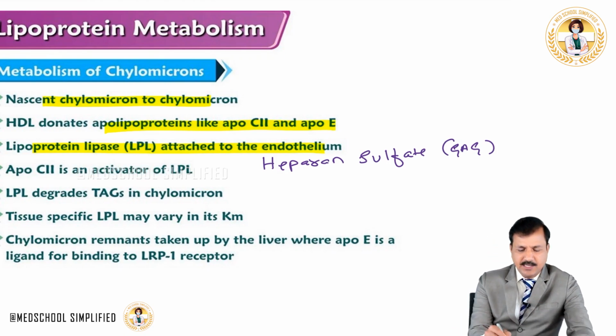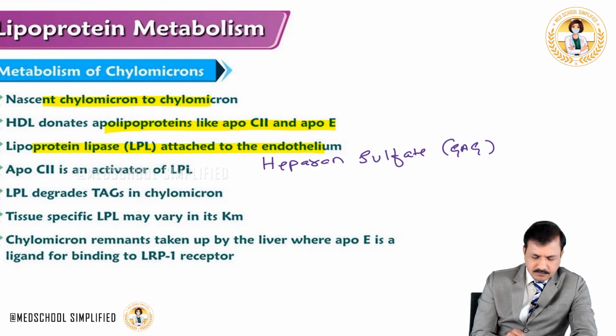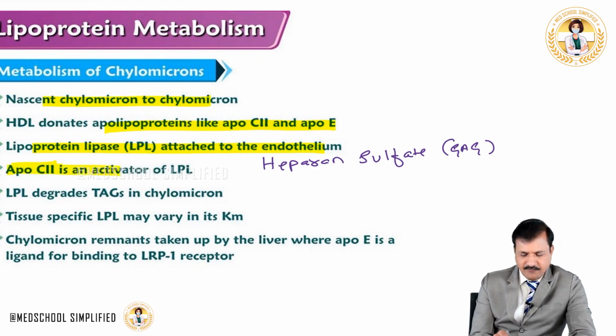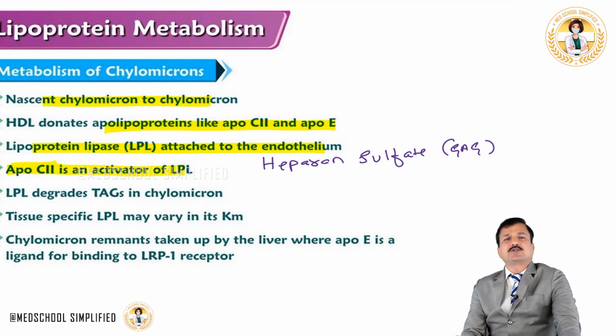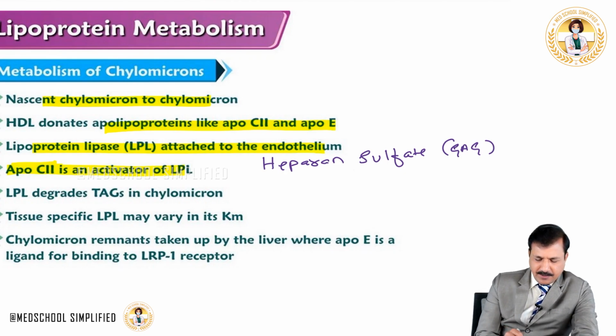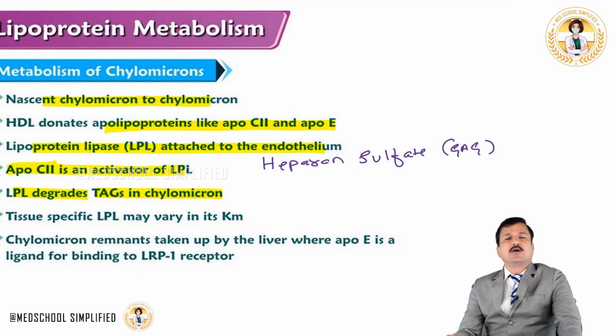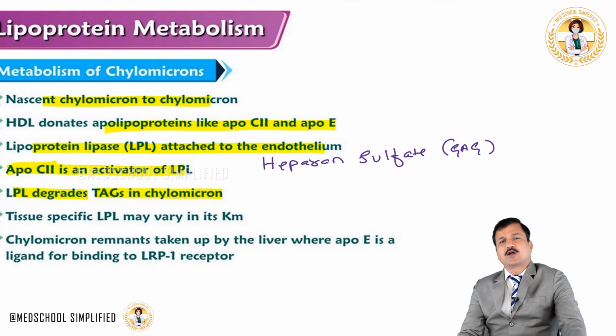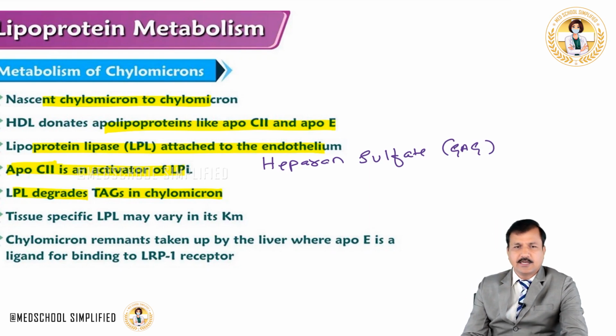This lipoprotein lipase makes a connection with Apo C-II present on the chylomicron, and in fact Apo C-II is an activator of lipoprotein lipase. Now the lipoprotein lipase, that is LPL, is going to degrade triacylglycerols into free fatty acids and glycerol, and this is how the chylomicron size decreases from 1200 nanometers all the way to 30 to 80 nanometers, which is the size of a chylomicron remnant.